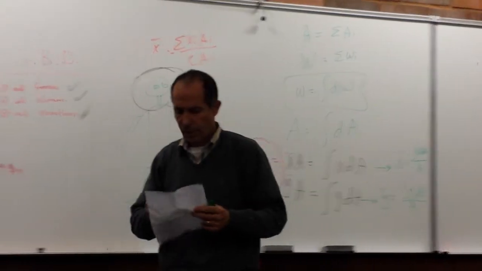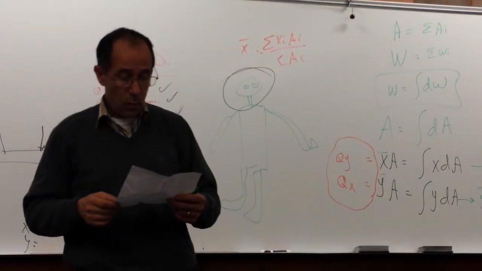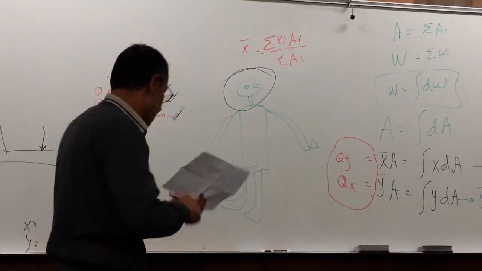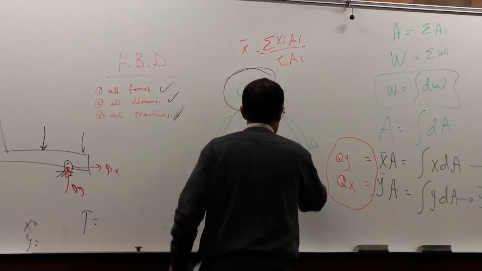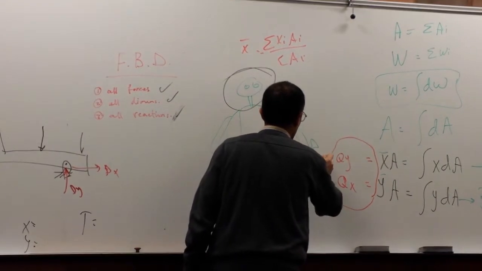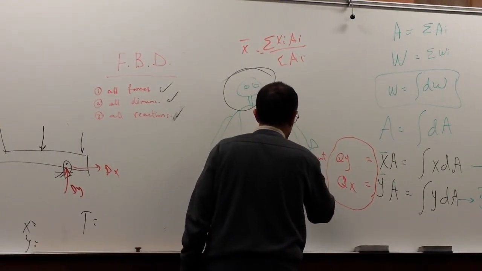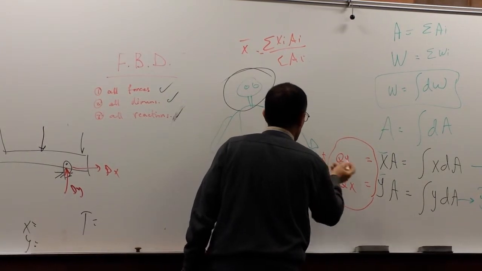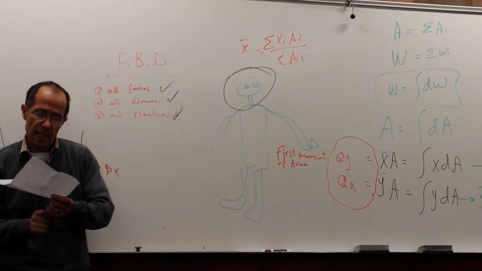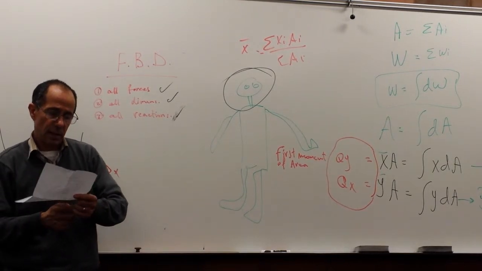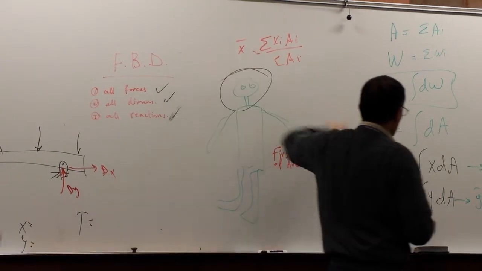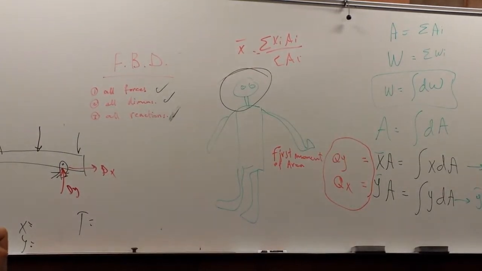So Q, let me see what the Q says. The Qy is the first moment of area with respect to the y-axis. This is the first moment of area with respect to the x-axis. And in this case, we get the x through this way or x through this way.